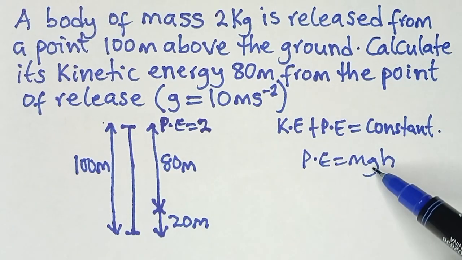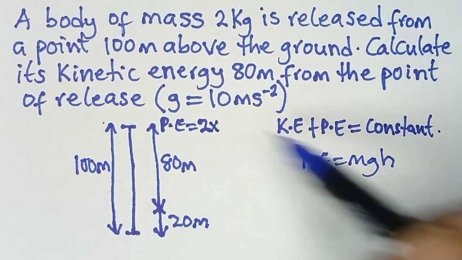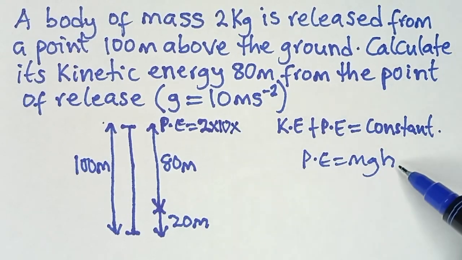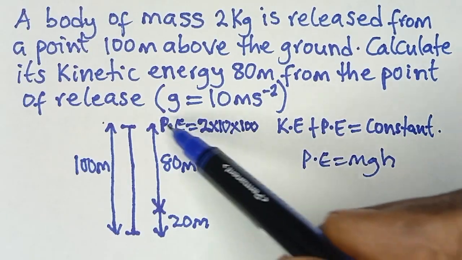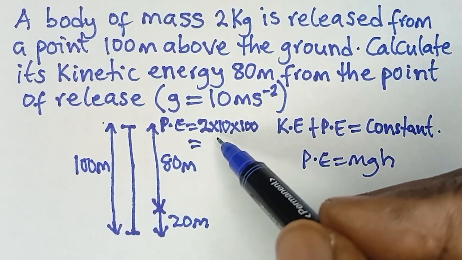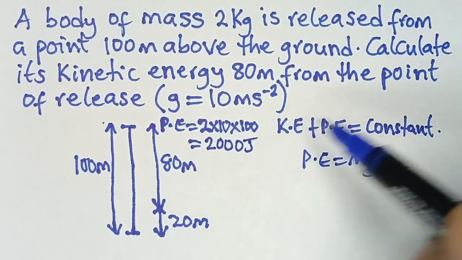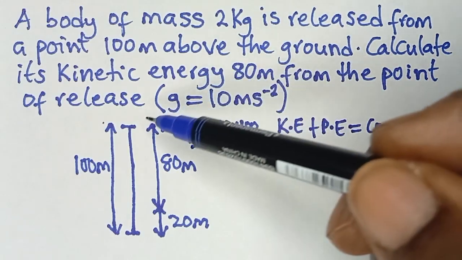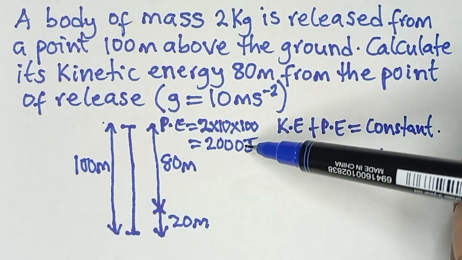We're using this formula now. 2, which is the mass, multiplied by g, which is 10, multiplied by the height, which is 100. So the height at this top is 100. So that will give us how many? That will give us 2000 joules. So at this top point, the potential energy is 2000 joules.